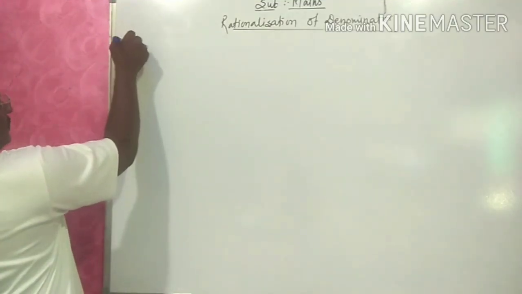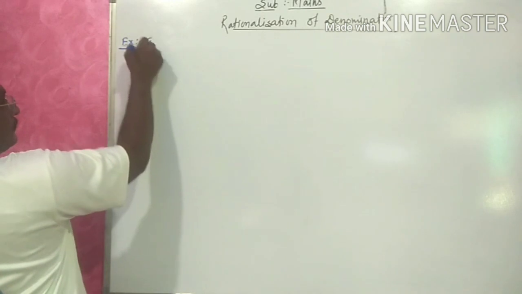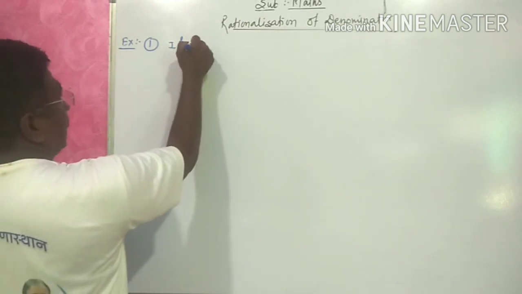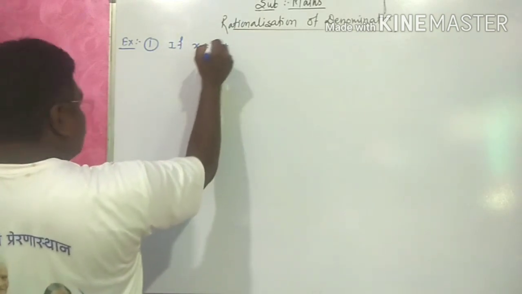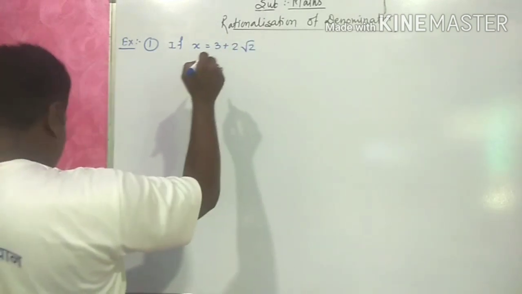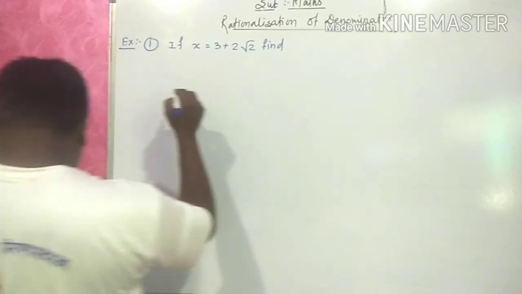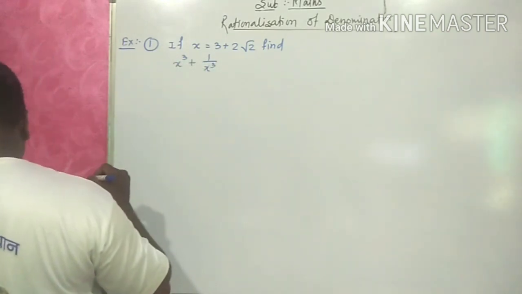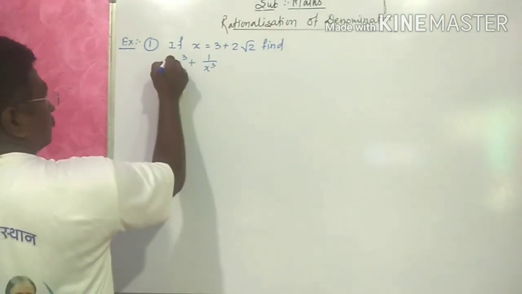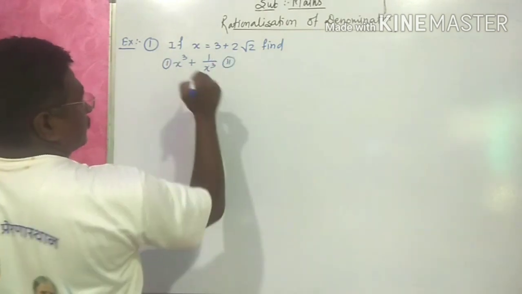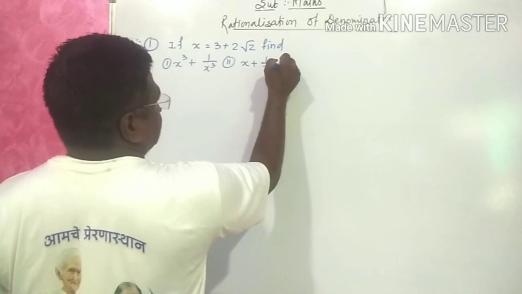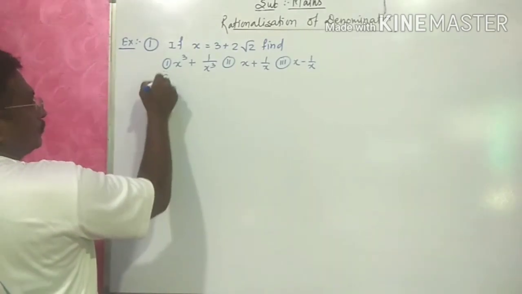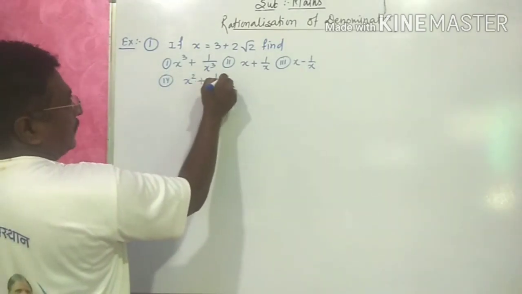Now examples on these identities. If x equals 3 plus 2 root 2, find number 1, x cube plus 1 by x cube; number 2, x plus 1 by x; number 3, x minus 1 by x; fourth, x square plus 1 by x square.